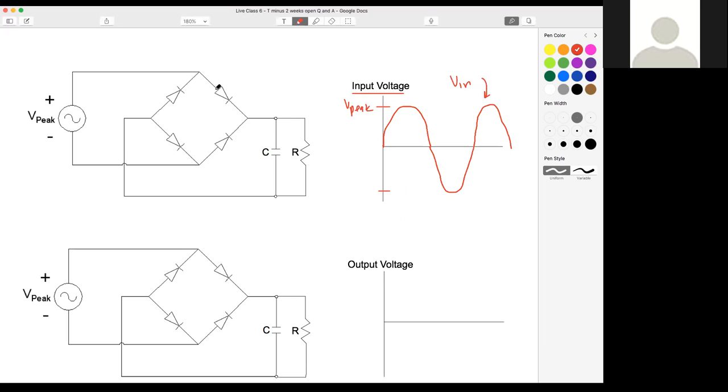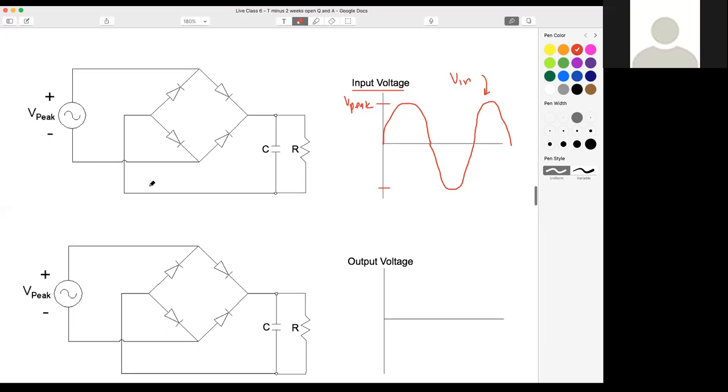Now, let's look at these diagrams. Let's go with blue. For the time being, we're going to ignore our capacitor and our resistor, and we want to measure our output voltage. So if I had a meter that read positive to negative, what would it look like?